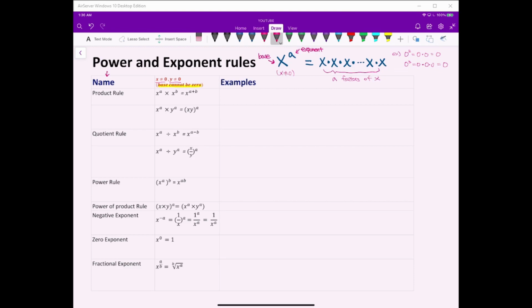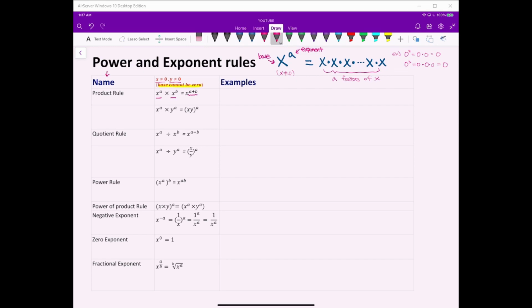The first rule is the product rule. When you have the same base, like a factors of x times b factors of x, then you can add the exponents together to simplify the power.